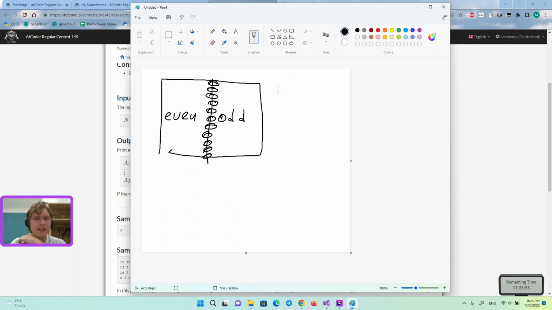So how, and also if we have an odd number, then this might be harder because the number of even and odd numbers is not equal. So how would we solve it?